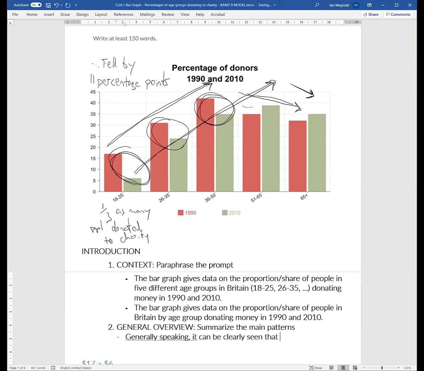Generally speaking, it can be clearly seen that the young age group from 18 to 50 give money to charity more than 51 to 65 plus age group in 1990.